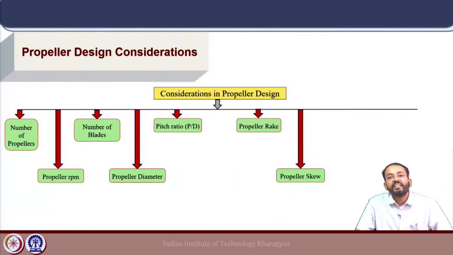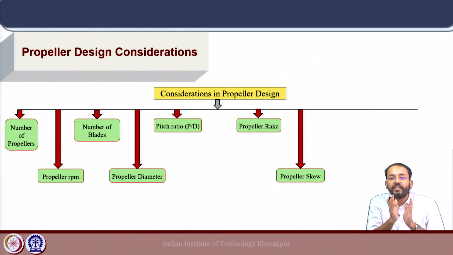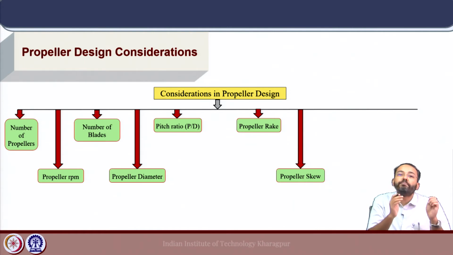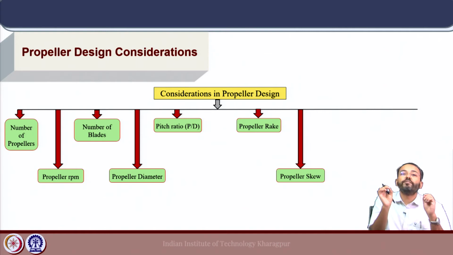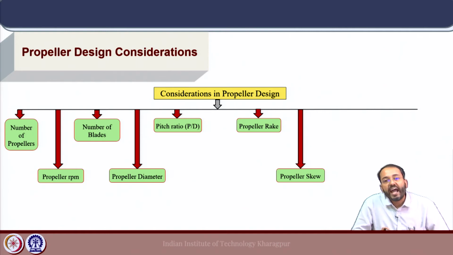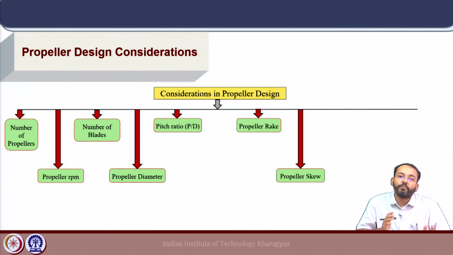The rake and skew of propeller blades are important because these parameters are the angles that we see from the side. The rake and the skew is the blade shape which is provided based on the angles at the root and the tip with respect to the vertical line at the center of each of these radial sections, and the skew is provided for reducing vibration because of the wake characteristics in which the propeller is operating.